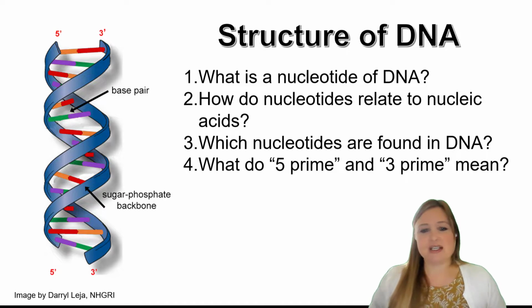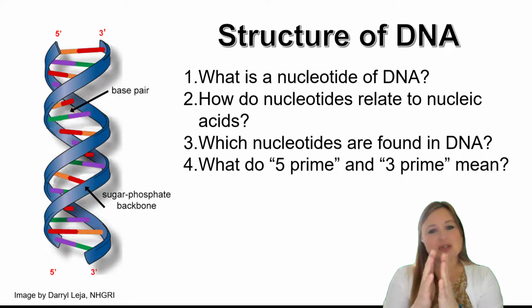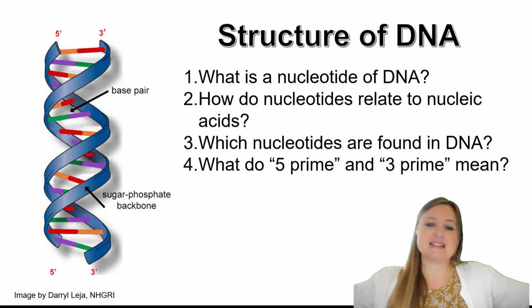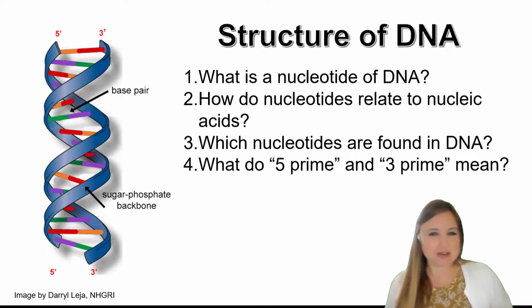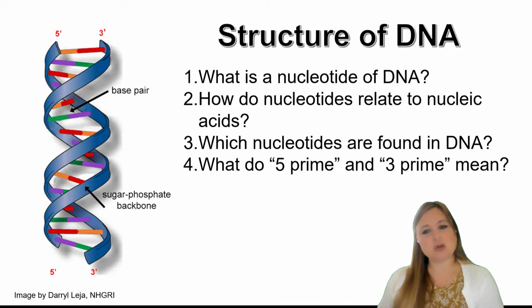So the second question is, how do nucleotides relate to nucleic acids? Well, I guess I just answered that. The nucleotides are going to be bonded together, right? So to create longer structures that are then known as nucleic acids. And remember, as part of the first question, if this was a short answer or essay question on an exam, maybe what is a nucleotide of DNA?